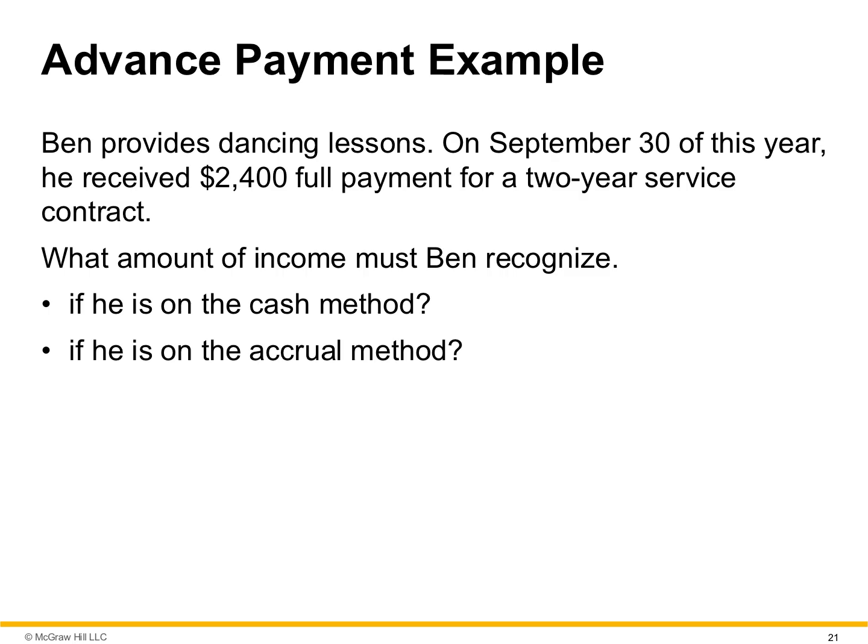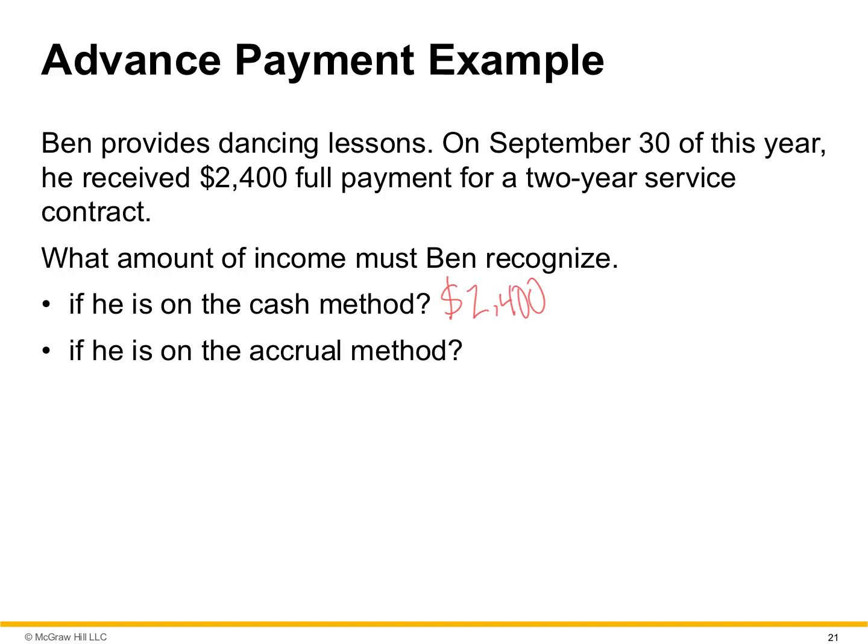Under cash, Ben must recognize the income as it is received. So for the cash method, the amount of income that he will recognize this year is the full $2,400 because it was received on September 30th during the year.